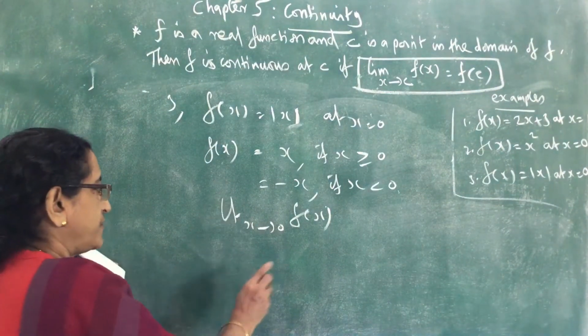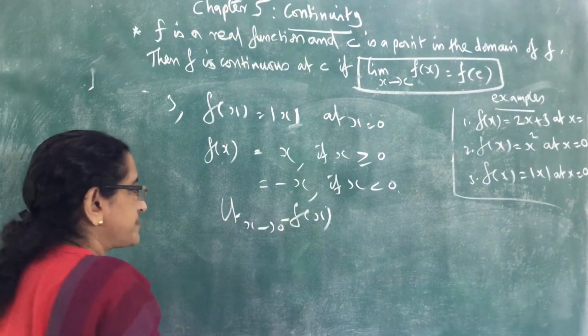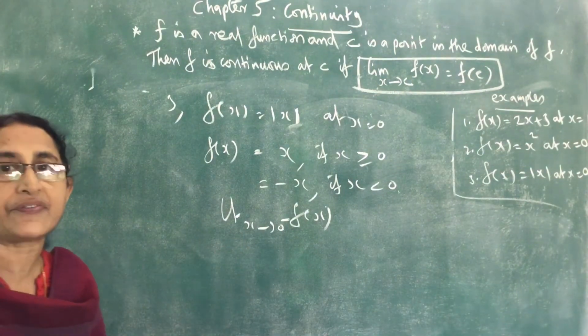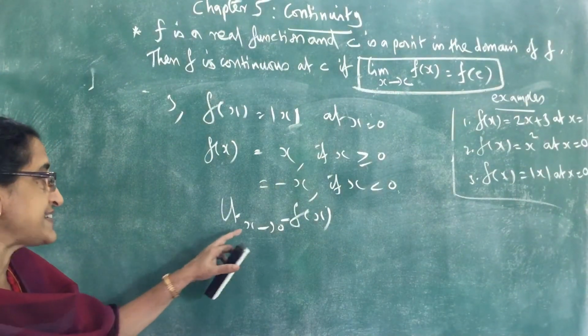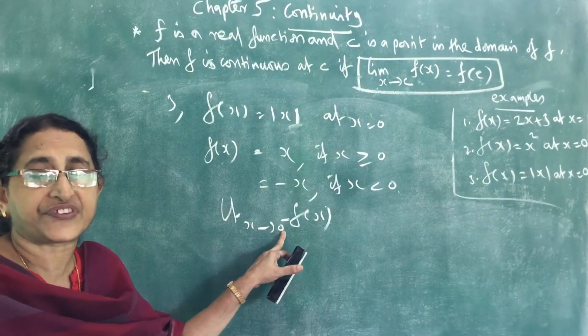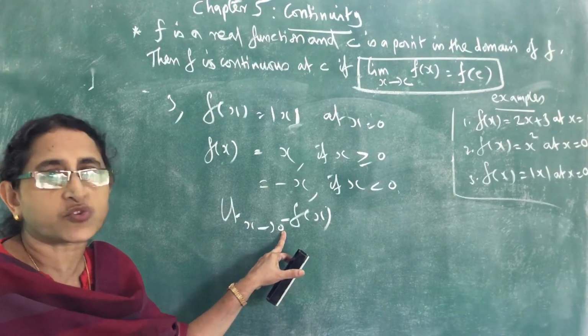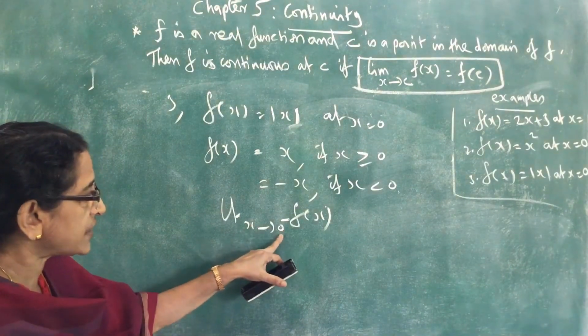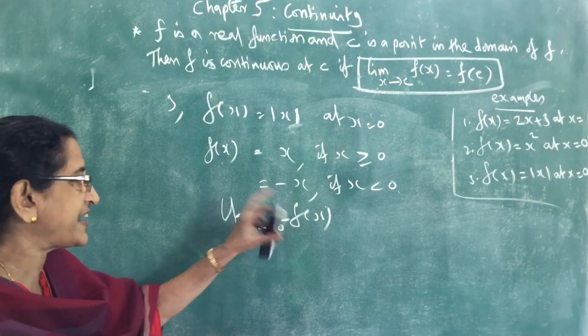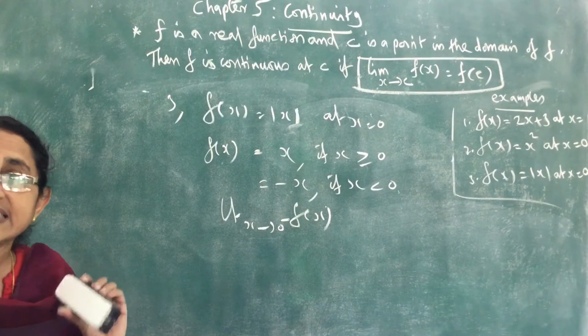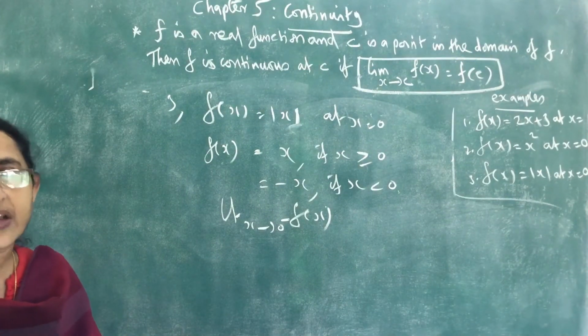So first we want to find the limit as x tends to 0 minus. 0 minus means it is the left hand limit. That means x tends to 0 from the left, that is x is less than 0 but very close to 0.